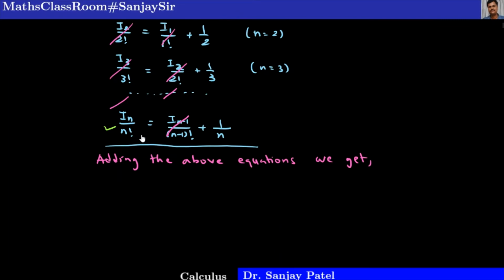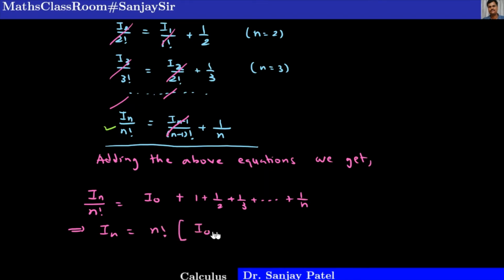So that we can write as In upon n factorial is equal to I0 upon 0 factorial, that is 1 plus 1 plus 1 by 2 plus 1 by 3 plus and so on up to 1 by n. And this implies I can write this as In is equal to n factorial into I0 plus 1 plus 1 by 2 up to 1 by n.